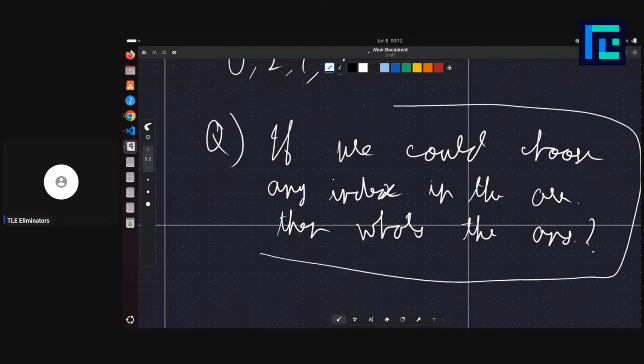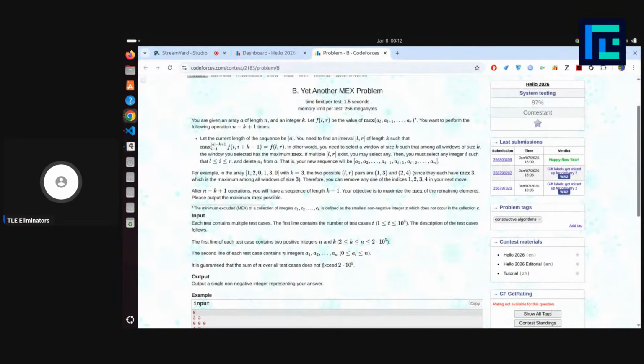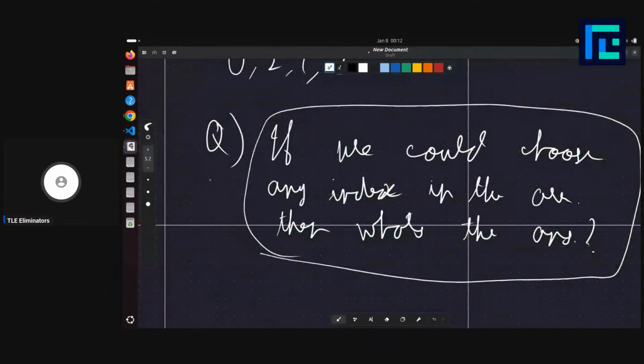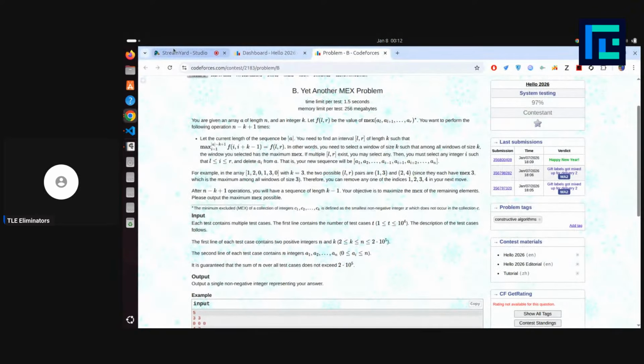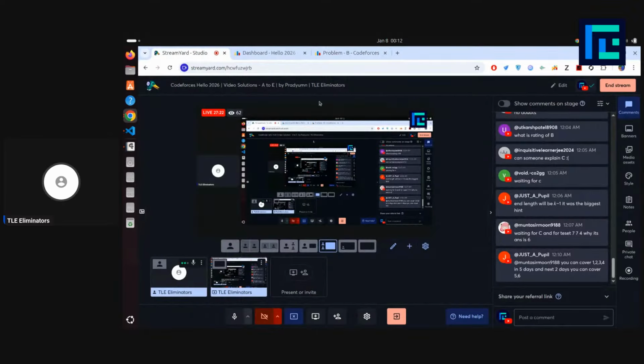I'm asking you this: if you want to delete n minus k plus 1 elements from the array, and we can choose any of them, then what is the final maximum max that we can get? Those who could not solve B, only they answer please, because those who did solve B already know the answer.